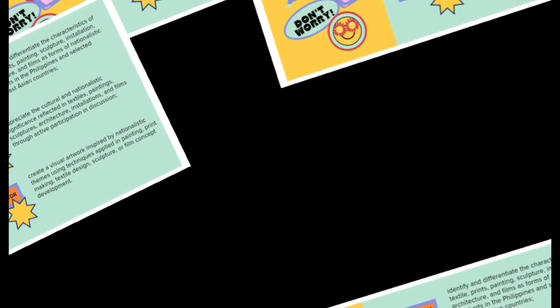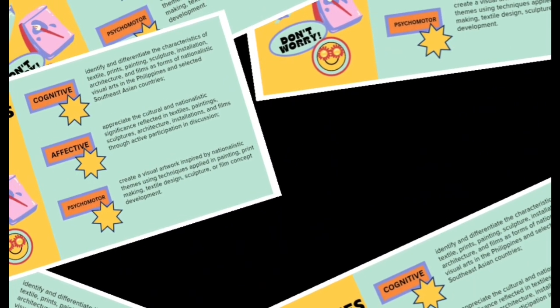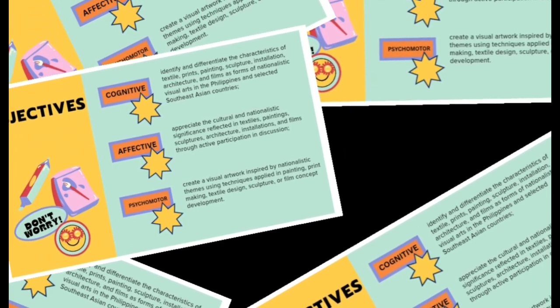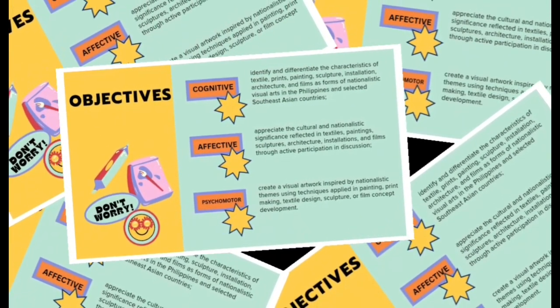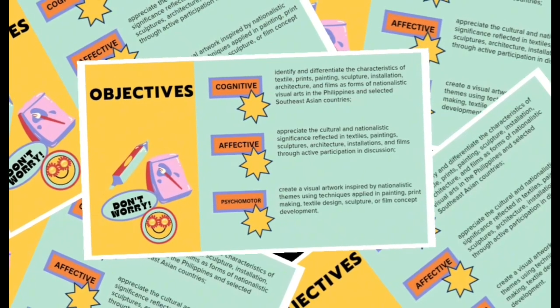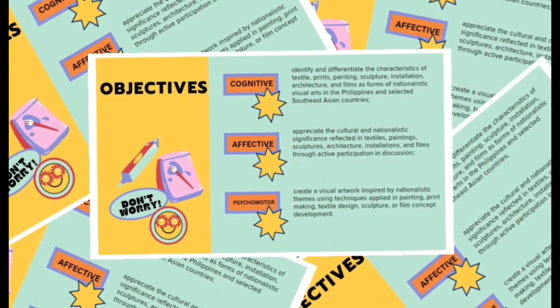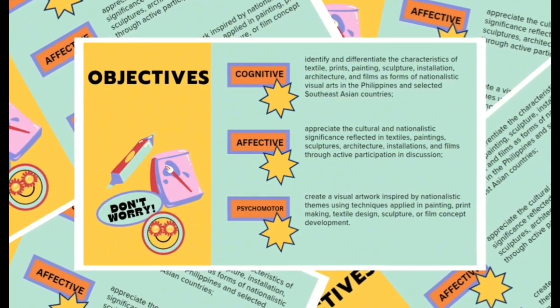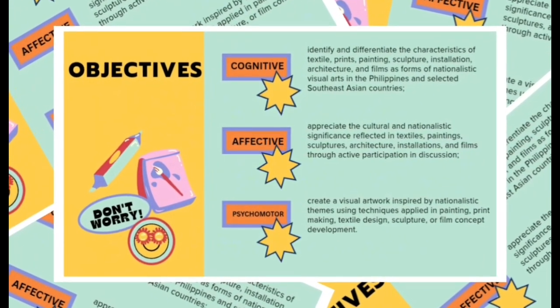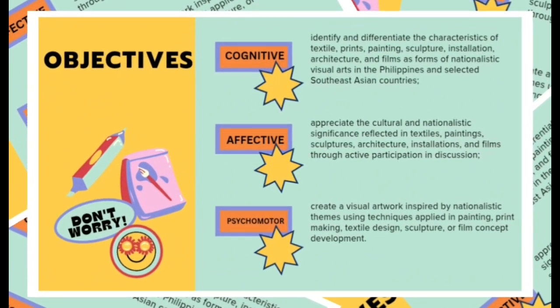At the end of the lesson, the students must first identify and differentiate the characteristics of textile, prints, painting, sculpture, installation, architecture, and films as forms of nationalistic visual arts in the Philippines and selected Southeast Asian countries.